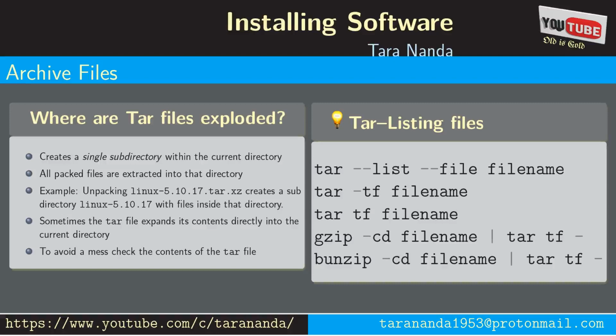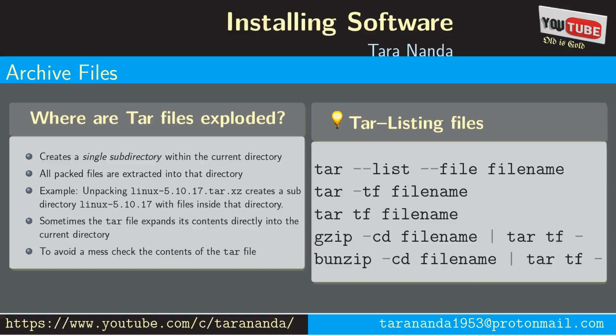So if we explode this file, the subdirectory which will be created will be called linux-5.10.17, and all the files in this Linux tarball will be extracted in this directory.